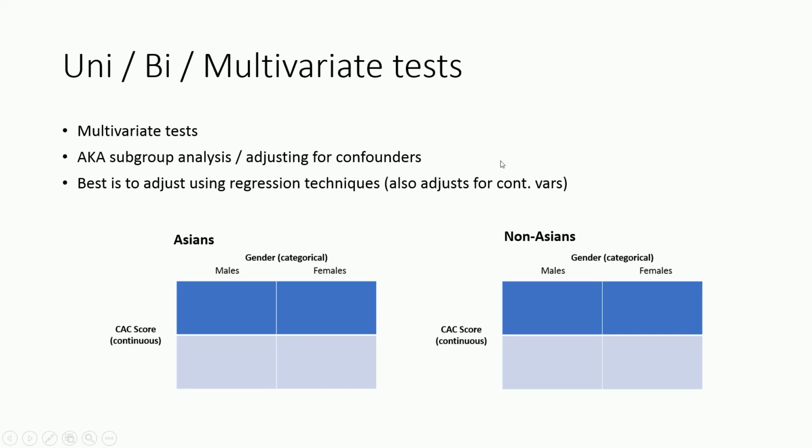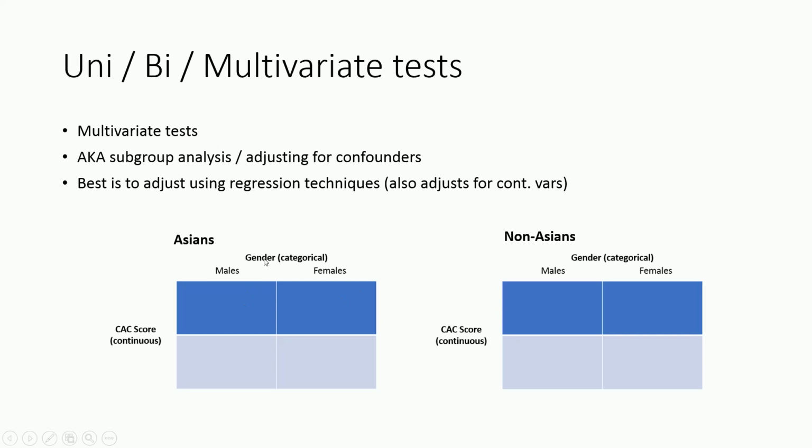Now, let's understand that in a bit more detail. Now, the same concept as we explained before, the same table consisting of CSE score on the y-axis and gender on the x-axis. Now if you generate two of these tables and divide this based on the race of the population, like in this case Asians versus non-Asians, now we are looking at three variables at the same time. We are looking at CSE score, we are looking at gender, and we are looking at the race as well. And we are analyzing three variables at the same time. So what have we done?